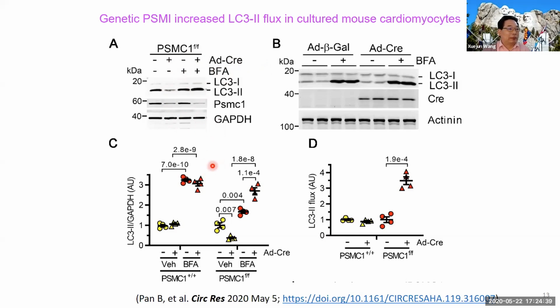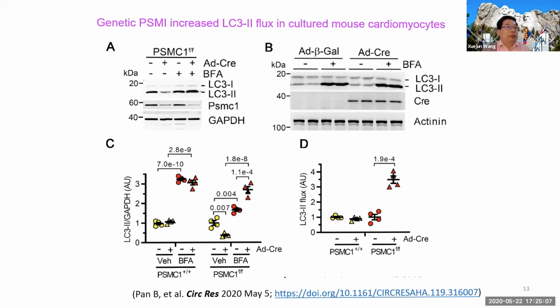You can see here the LC3 flux is significantly increased in these PSMC1 knockout cells, but not in wild type cells. You do the same to the wild type mouse cardiomyocytes, and the flux is not significantly increased compared to control virus, beta-gal virus.